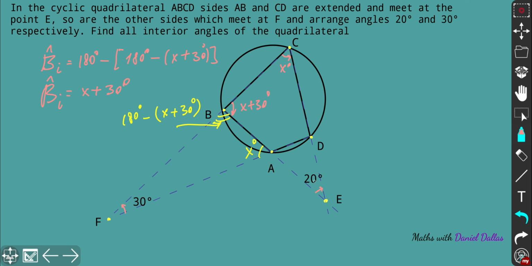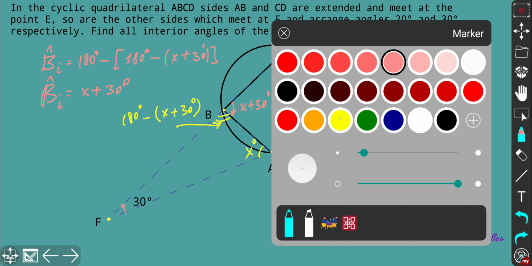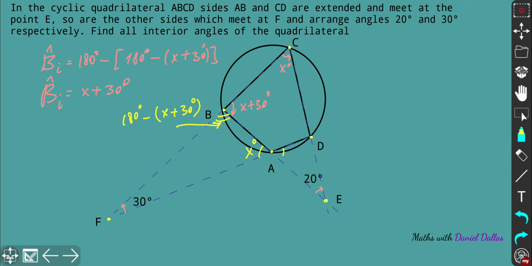Okay, so this is 20. This angle is also better in yellow. So this angle is also X, because if you consider those two lines, they are vertically opposite. So that's why they're equal.